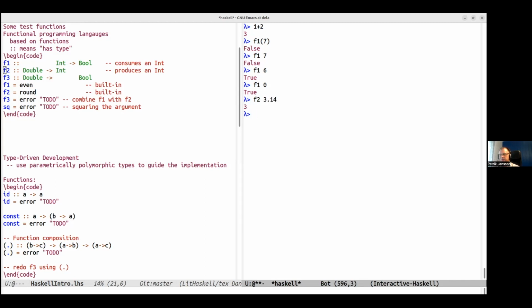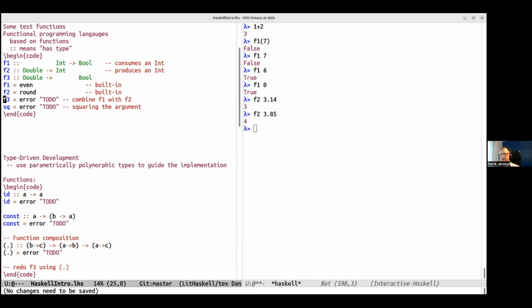It just rounds it. And that's the definition here. It says F2 equals round. I should also note that I can write F2 equals round. I don't have to say F2 of x equals round of x. I can work on the level of functions. I can give names to functions. I can pass them around and work with them. So that's one of the features of functional programming. So it's rounding. So if I say instead 3.85, I will get 4.